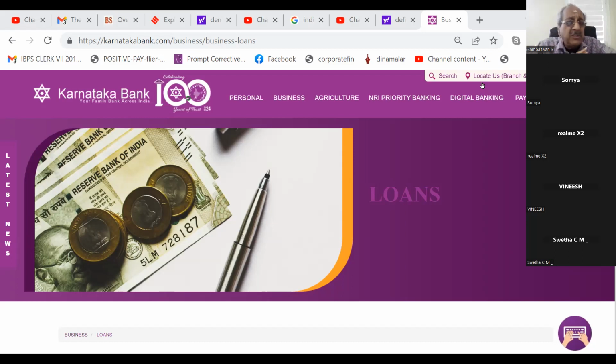I think in most of the cases, the interview may be 1-to-1, person to person. But nowadays, in many banks, I think in Karnataka Bank, it is going to be 1-to-1 only. They may have 10 channels where they will be conducting like an exhibition. People will be coming and going, and it will go on like that.